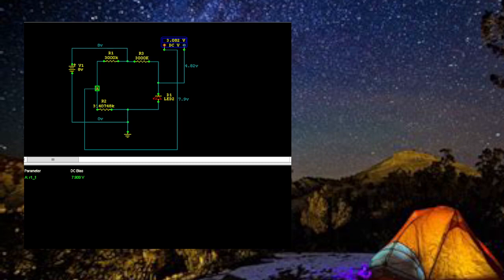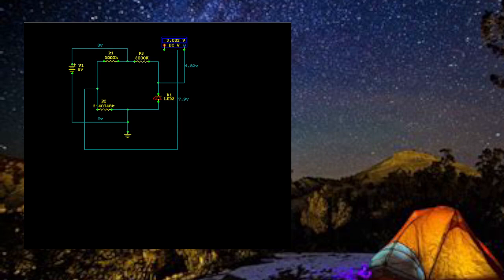Let's see, I should know how to do this, but it's just not on the top of my head. This is going to be a 1. This is going to be a 1. And this one, I'm just going to change this to 500.